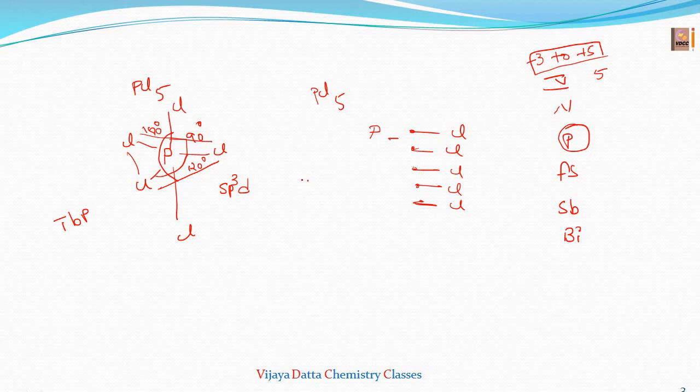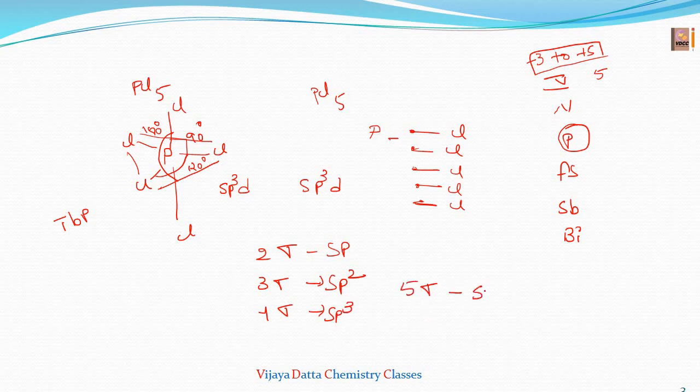So its hybridization will be sp3d hybridization. 2 sigma bonds: sp hybridization. 3 sigma bonds: sp2 hybridization. 4 sigma bonds: sp3 hybridization. 5 sigma bonds: sp3d hybridization. 6 sigma bonds: sp3d2 hybridization. Here one more part: if you have a lone pair also you can count. Here phosphorus does not have any lone pair, so I did not count.